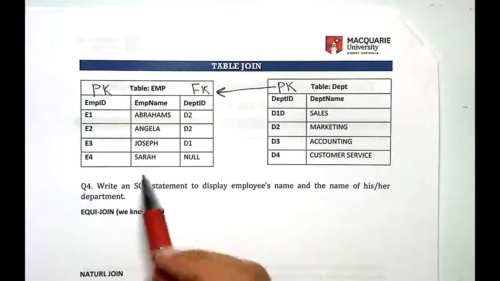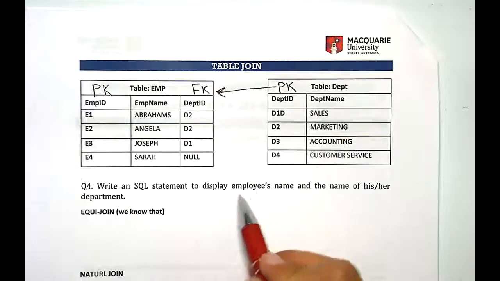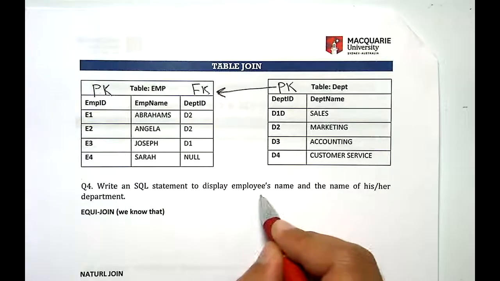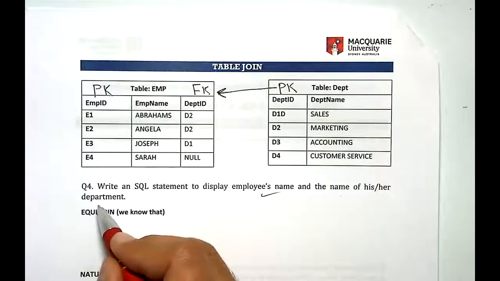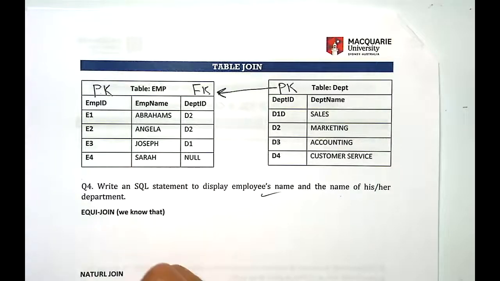So if the query is: write a statement to display the employee name and the name of his or her department, we can do this using the usual join, which we know.